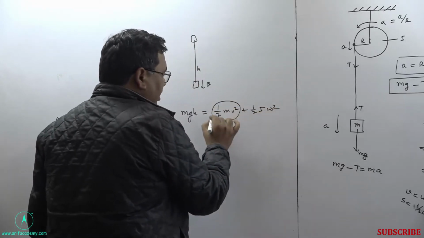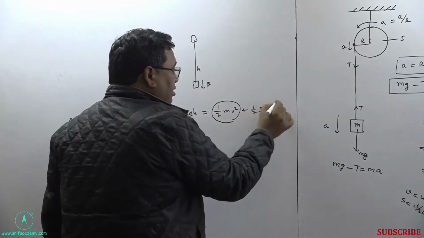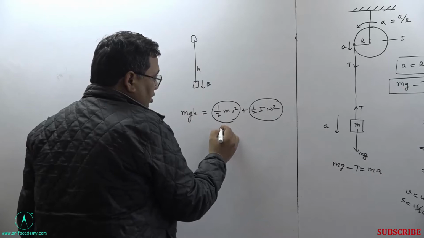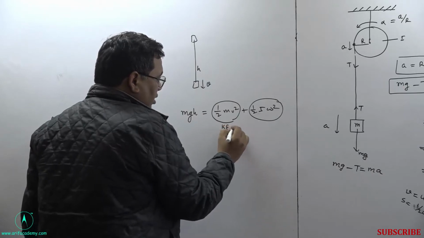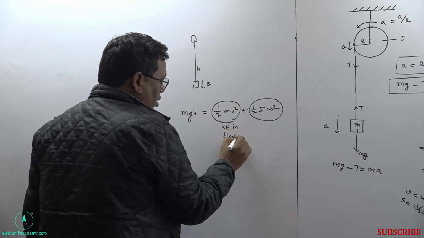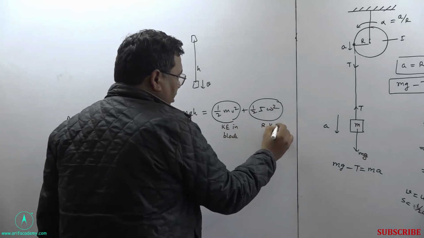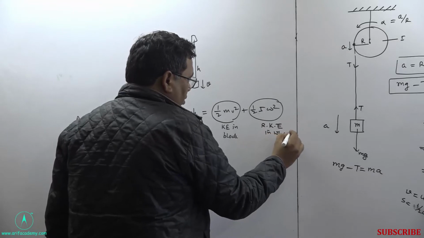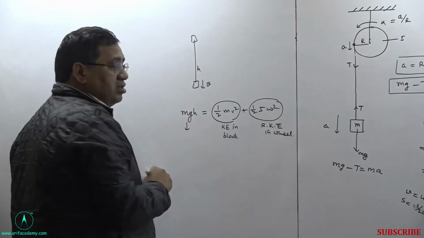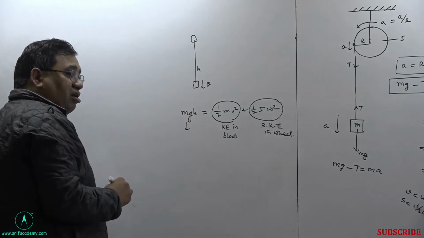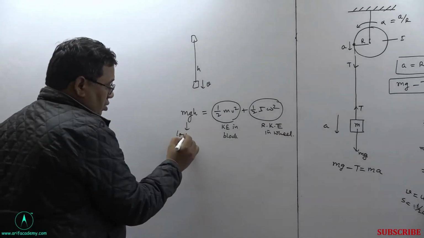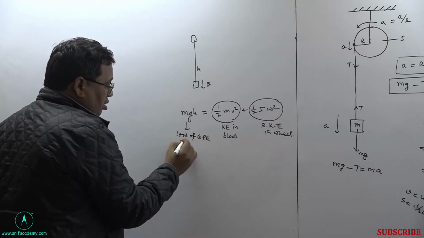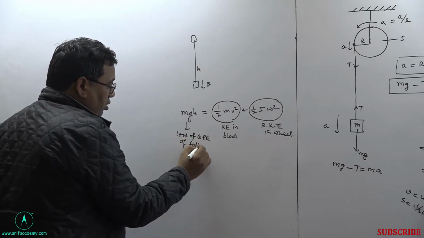This is kinetic energy in the block and this is rotational kinetic energy in the wheel, and the left side is the loss in gravitational potential energy of the falling block.